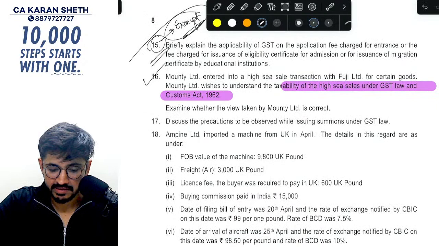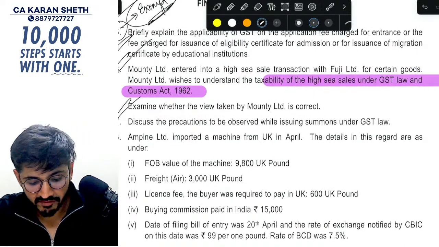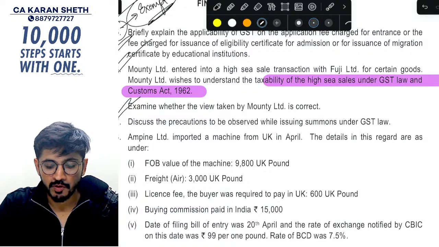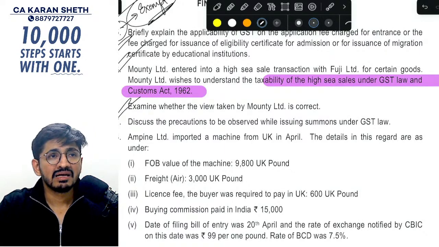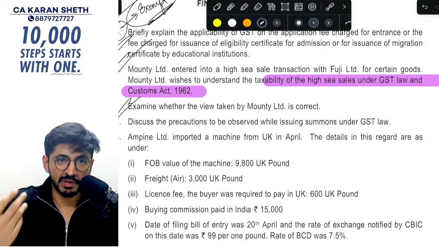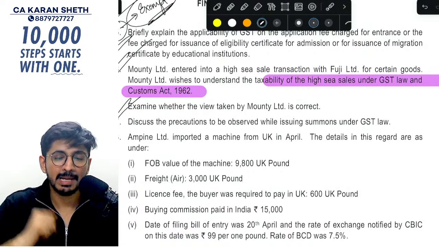Perfect. Next is okay. Question number 17. Discuss the precautions to be observed while issuing the summons under GST. Understand that summons cannot be firstly issued repeatedly. Summons should be issued only in case of inquiry.